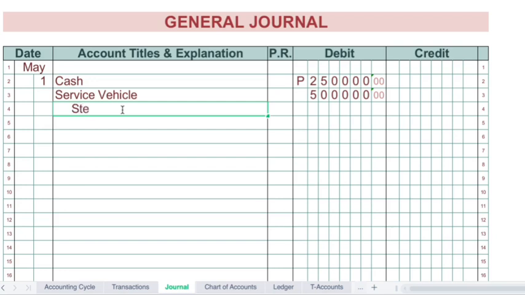So, Steve Jobs, Capital. And then we will put the amount in the credit column. How much is the total of his capital? We need to add the debited amounts. So that is 750,000. So we will credit 750,000.